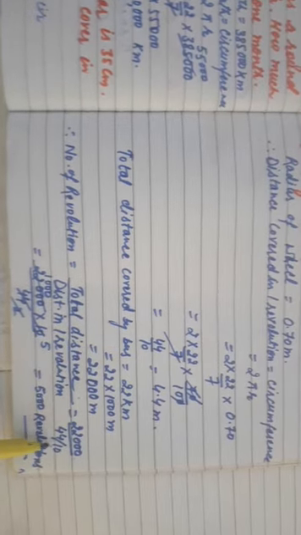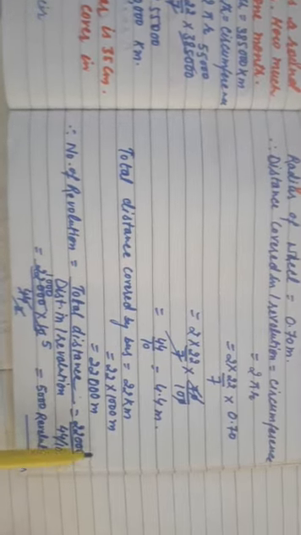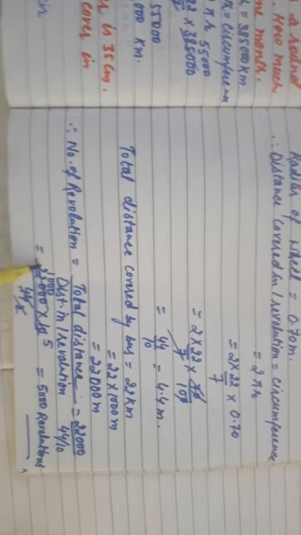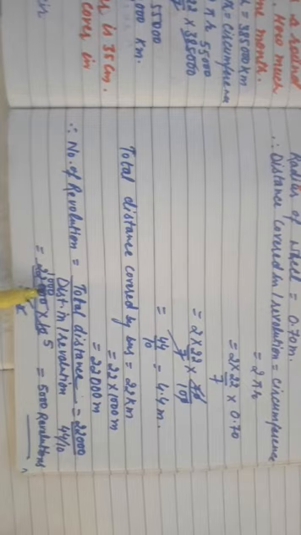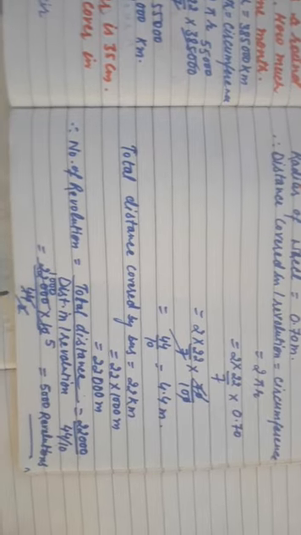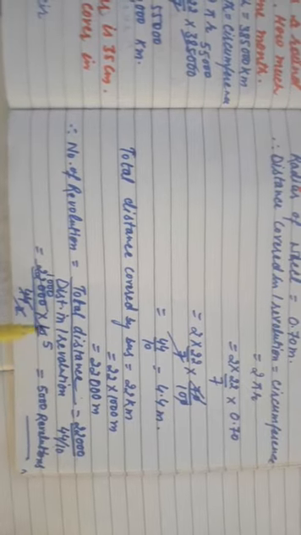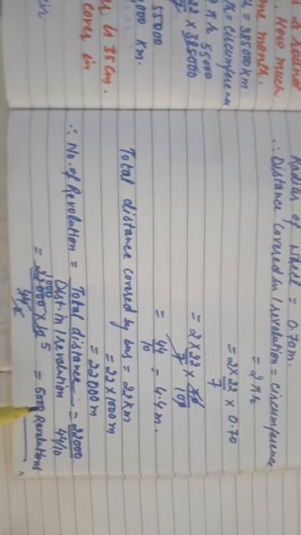This 10 is in division, it goes in multiplication. So when we solve this, we cancel 22 with 44, 5 is there, 5 into 1000, that is 5000 revolutions.